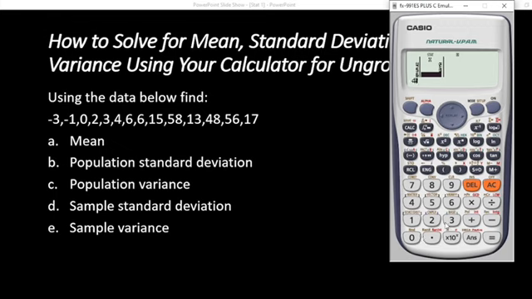We have 2, equal to. 3, equal to. 4, equal to. 6 equals, 6 equals, 15 equals, 58 equals, 13 equals, 46 equals, 56 equals, and then we have 17 equals.